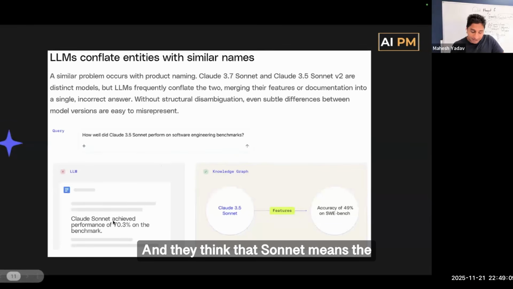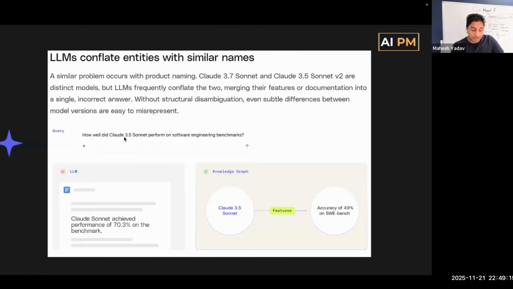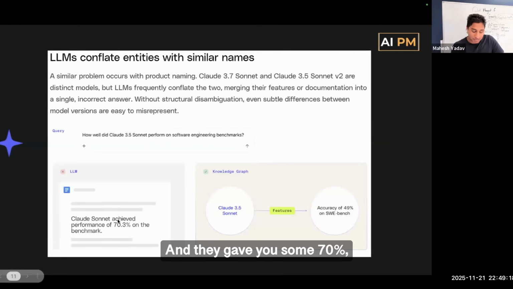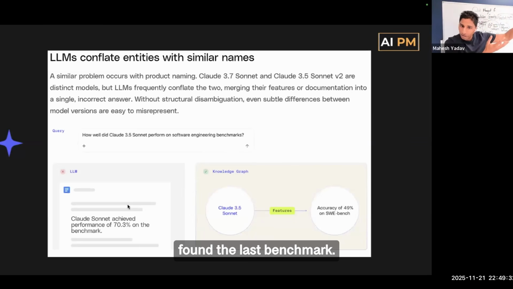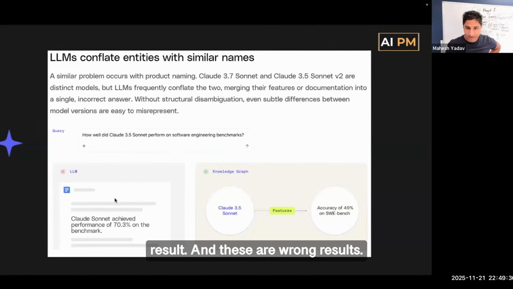The system thinks Sonnet means the older Sonnet model, not 3.5. And it gave some 70%, which is an older benchmark and not for 3.5. Actually, the answer was 49%. Why? Because it found the word Sonnet closer to the older Sonnet, found the older benchmark, and gave you that result. And these are wrong results.